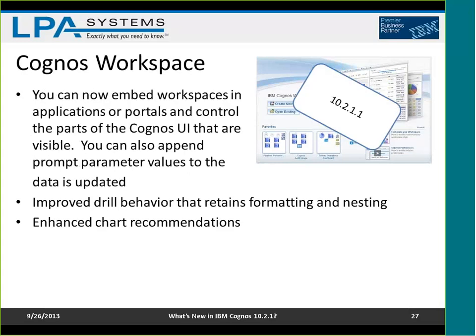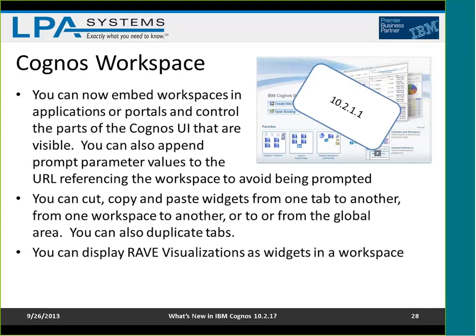Let's talk about 10.2.1 now with Workspace. I think it was 10.1.1 where they introduced this notion of multi-tab and a global area and multiple tabs in a workspace. And it turned out that you couldn't copy an item from tab 1 to tab 2, or from a tab to a global, or from global to a tab. And you couldn't duplicate a tab. The kinds of things that you would expect you'd be able to do to get a lot of reuse once you've defined your first set of objects in tab 1, those are all here now.